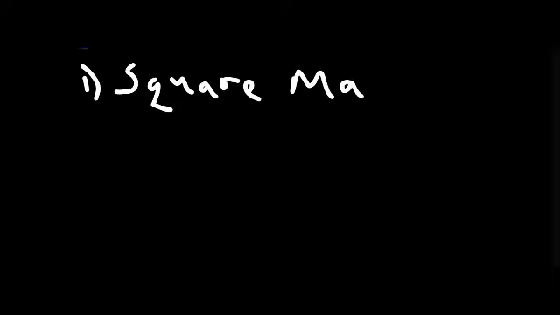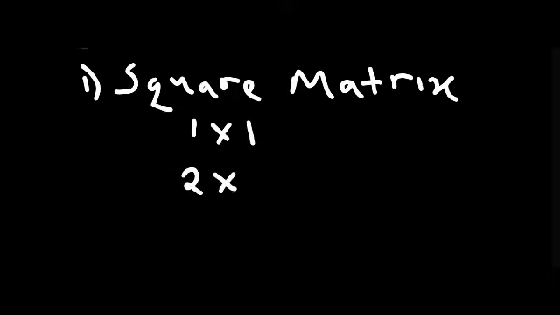So the square matrix is simply a matrix which has the same number of rows and the same number of columns. So this implies that if it has one row, it means it will have one column. That would be the order. If it has two rows, it will have two columns. If it has three rows, it will have three columns.